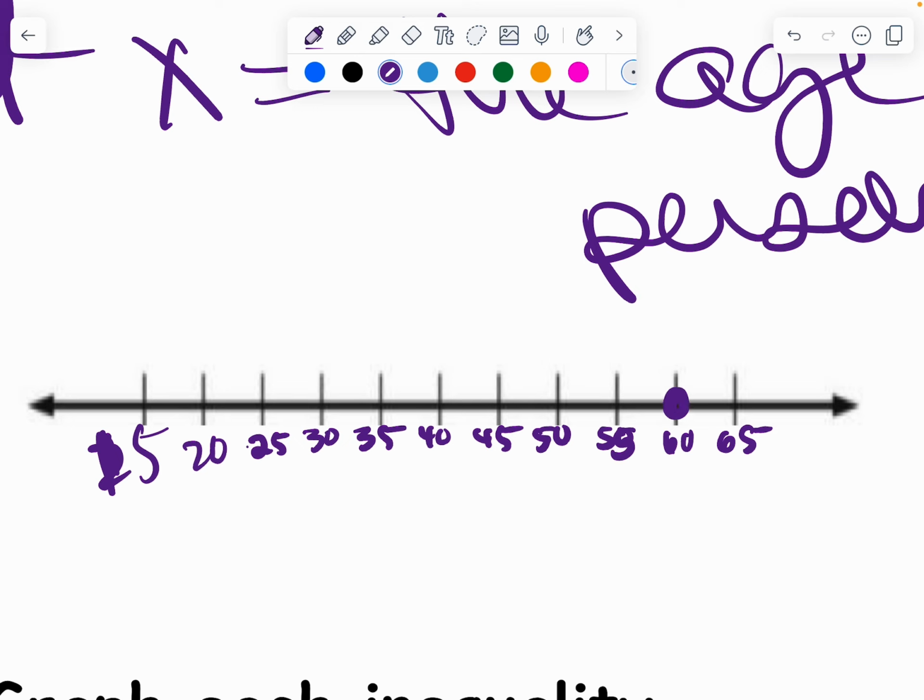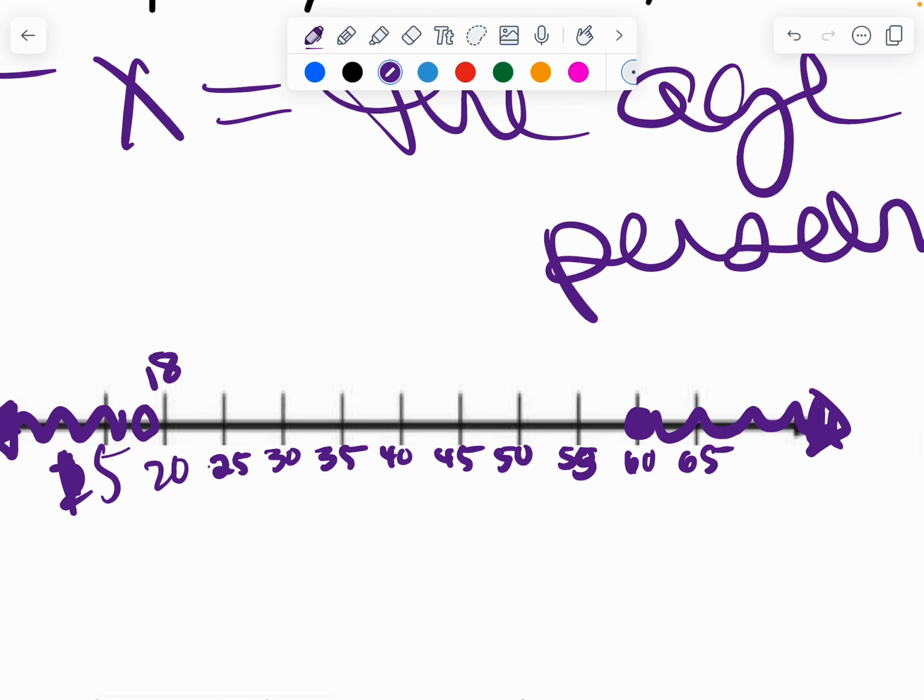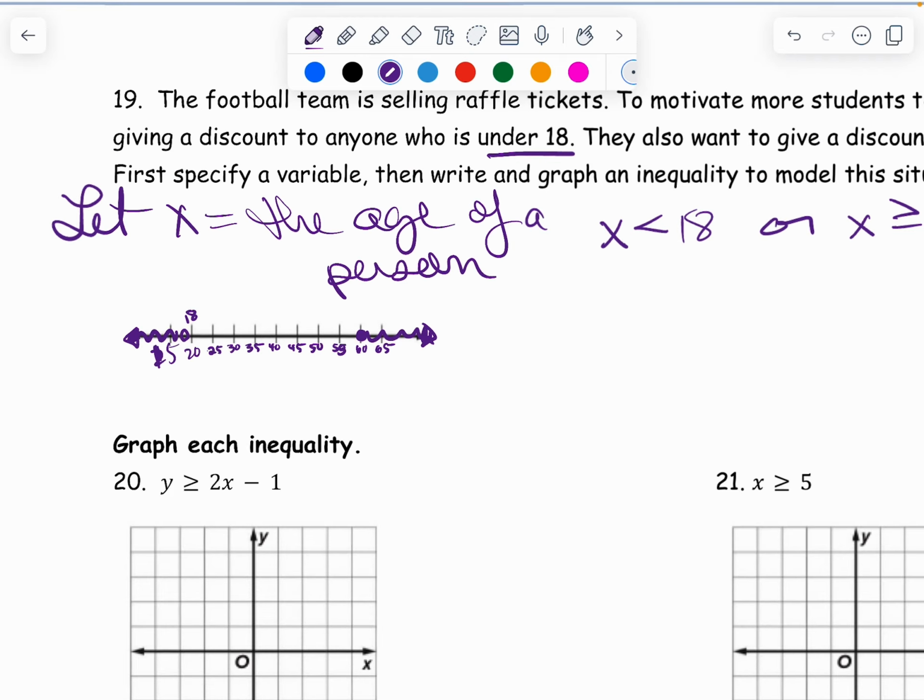So it's this and older, and this, which is 18 and younger.